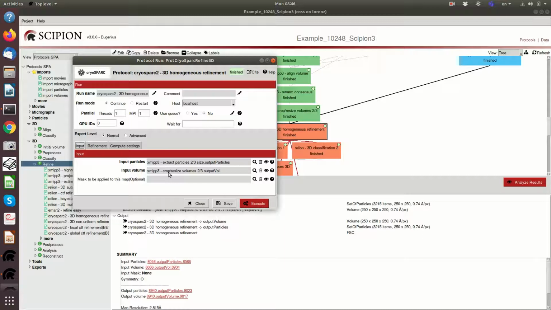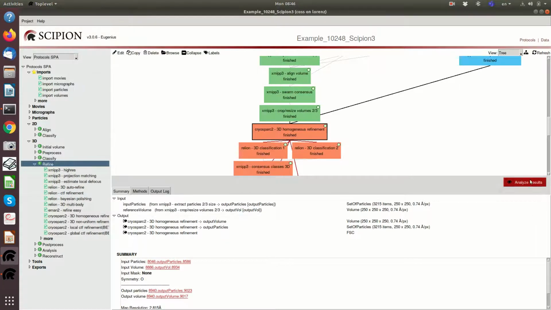Sometimes if the set of particles is very difficult to align, then you may need the help of the mask to be able to align the particles to the 3D structure. But otherwise, in general, I would discourage the use of a mask here, because it artificially inflates the Fourier shell correlation, and it also hides artifacts that are present.